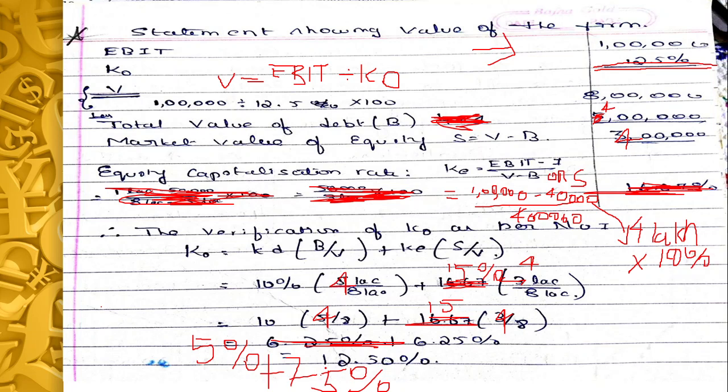When we calculated V, we calculated it on the basis of earnings before interest and tax and your cost of capital. Both have been specifically mentioned. And KE also we calculated on a formula wherein all the information was given. So, there are no working notes for this problem. So, what is the conclusion?